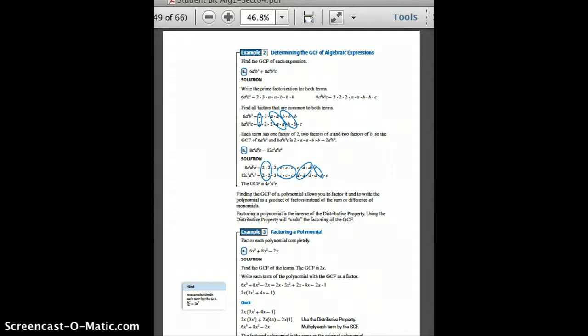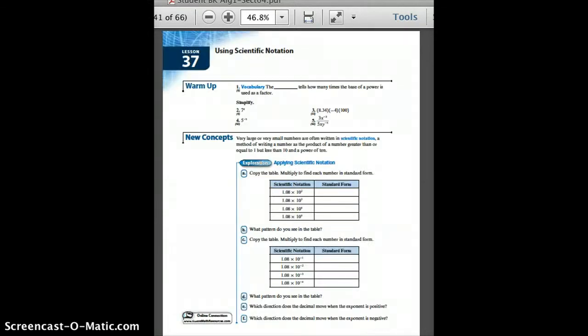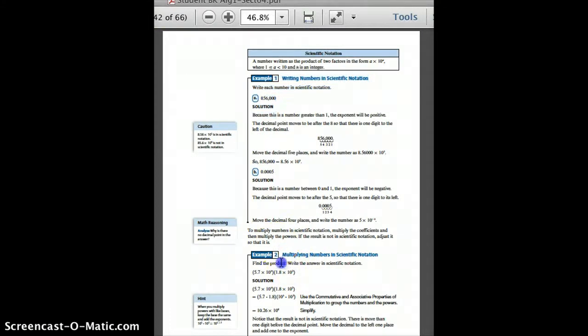This is lesson 37. There it is. So example 2 is right here, and we are multiplying numbers in scientific notation.